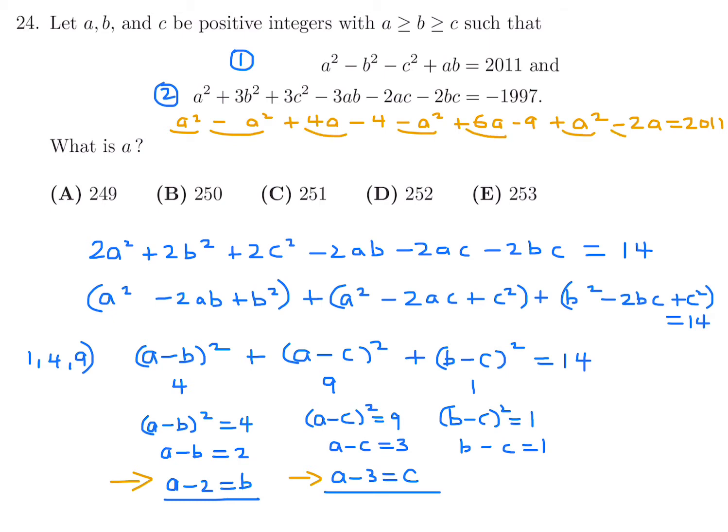Then we have 4A, 6A, 10A minus 2A, so we got 8A. And then the numbers, minus 4 minus 9 is minus 13, and then adding it to the other side, 13 plus 2011 will be 2024. And therefore, divide through by 8 this time, and when you do, you get A is equal to 253. So a really cool question, number 24. A is 253, and therefore the answer is E.